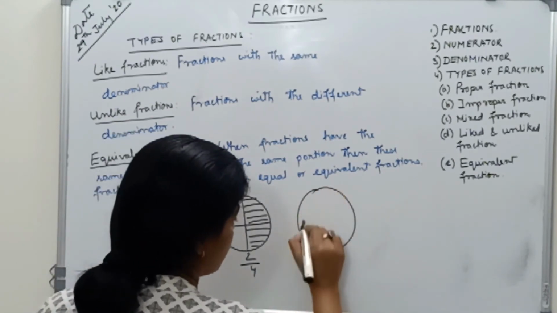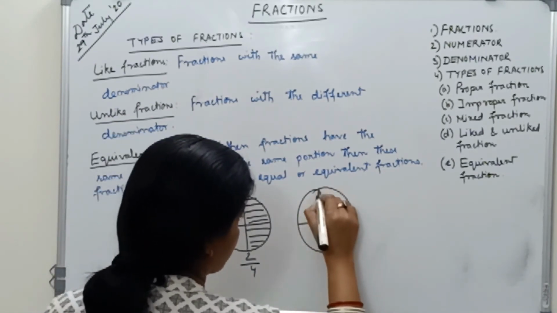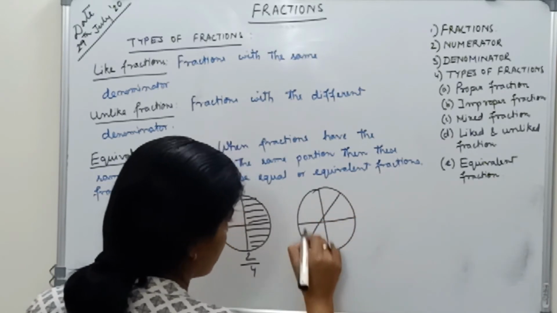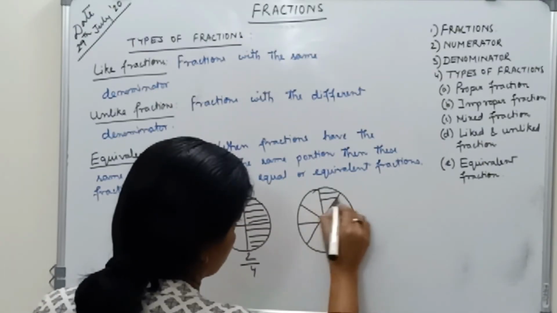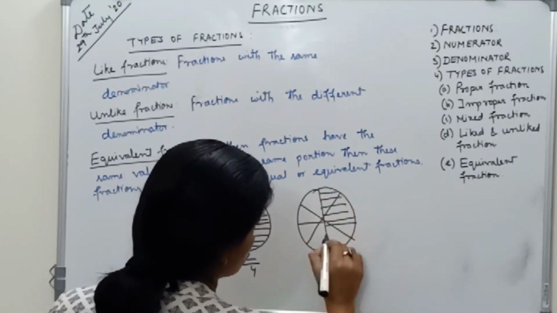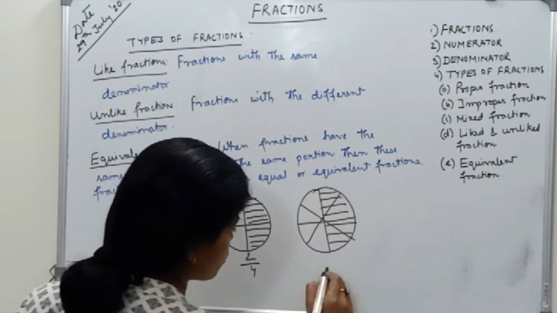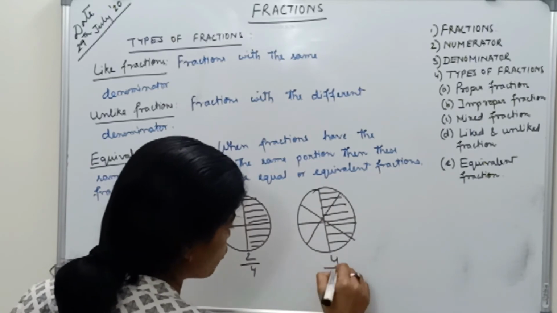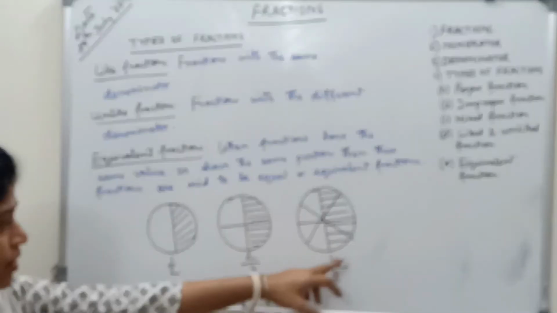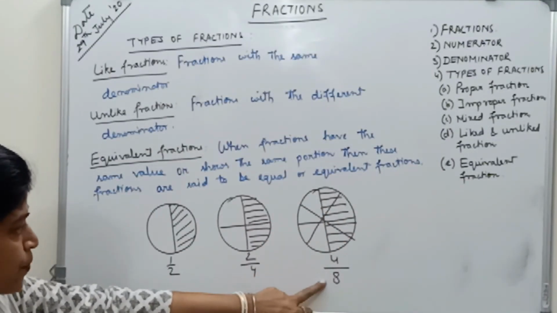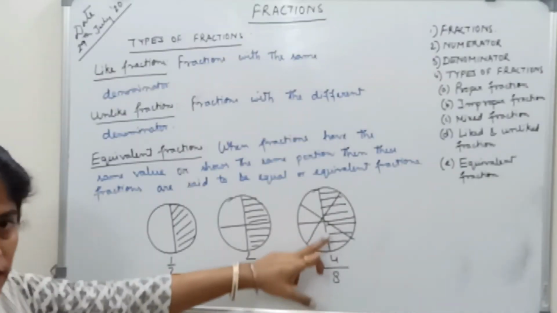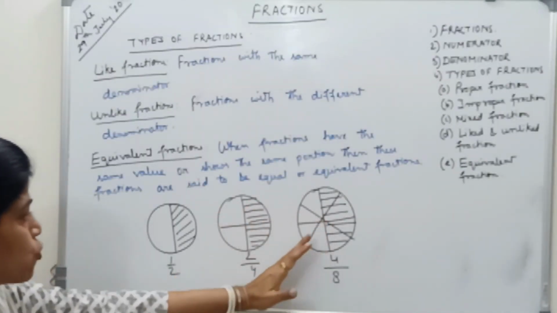Suppose I take one more. How many portions are shaded here? 1, 2, 3, 4, 5, 6, 7, 8. 8 portions are there, out of that 4 portions are shaded. So 4 out of 8. This is also showing the same portion.